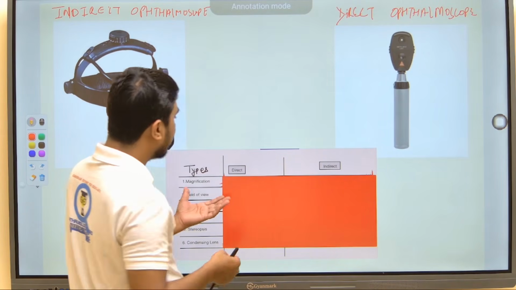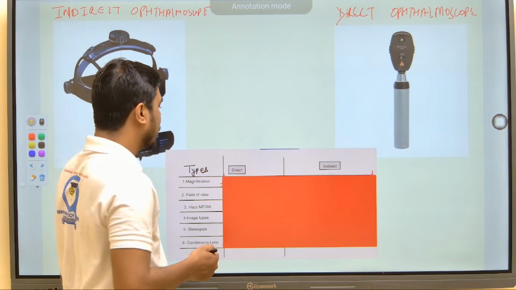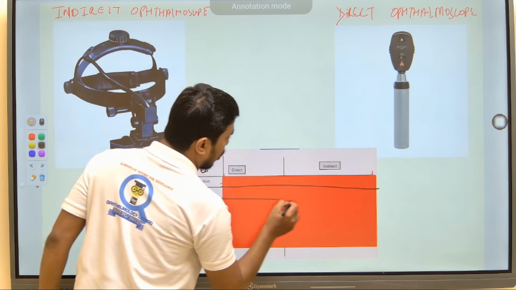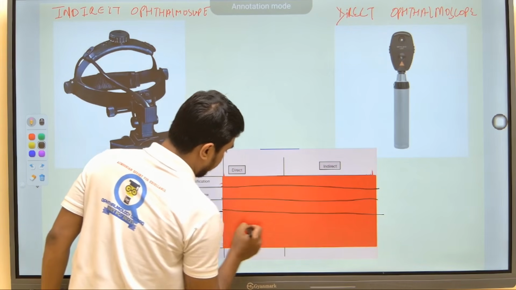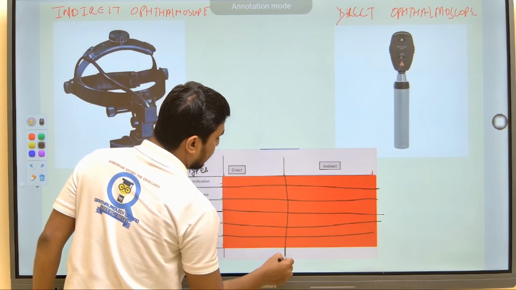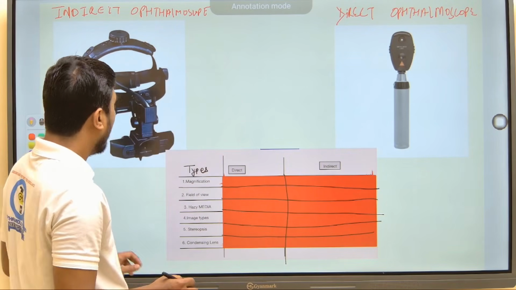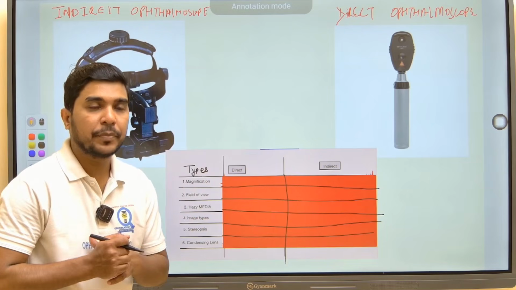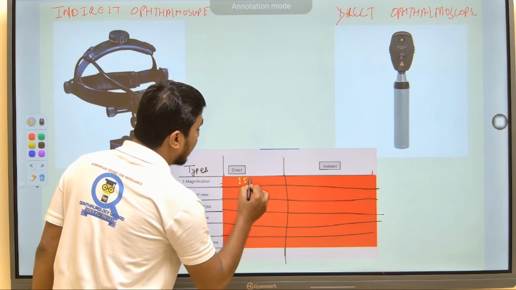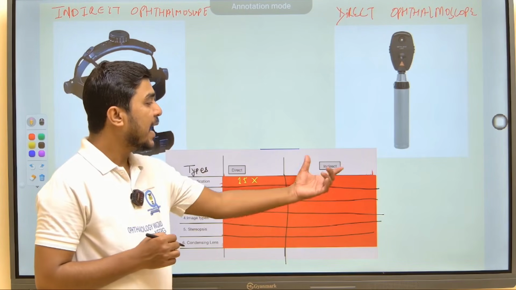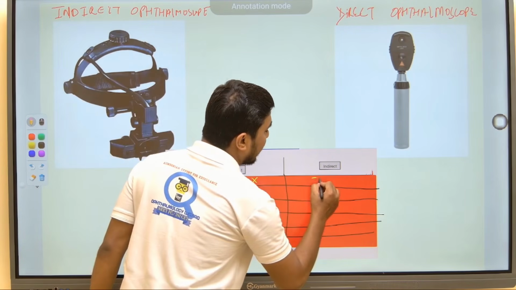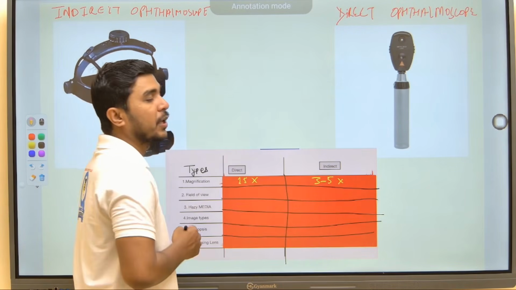So here I am writing the differences: direct ophthalmoscope, indirect ophthalmoscope. Let's make some columns here. What is the magnification of the direct ophthalmoscope? It can magnify the image up to 15 times. The indirect ophthalmoscope, depending upon the condensing lens, can magnify the image by 3 to 5 times only.